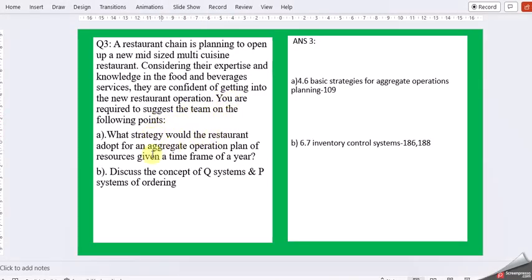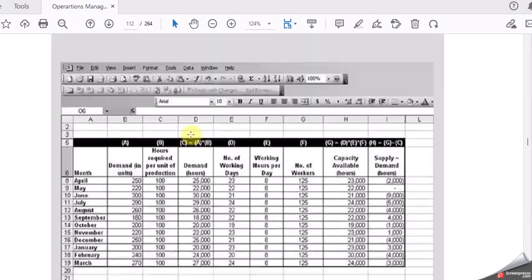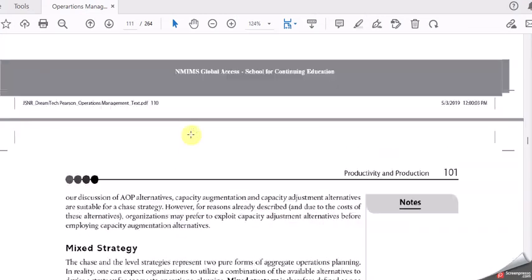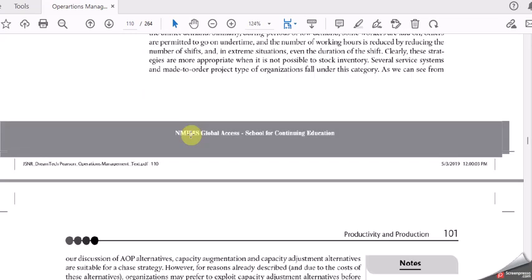What strategy would the restaurant adopt for an aggregate operation plan for a given time frame of a year? So you write a brief and then select what strategy you feel is appropriate for the restaurant.